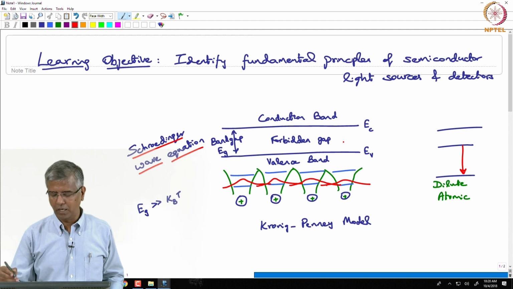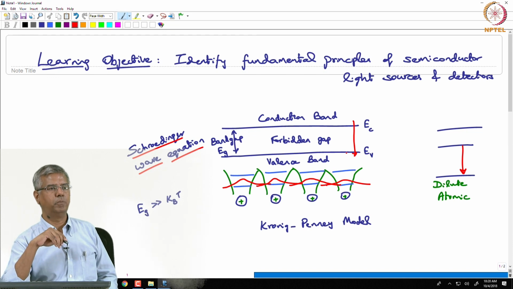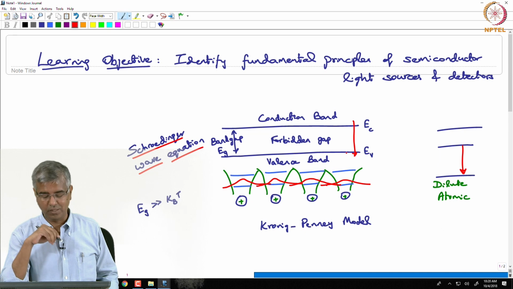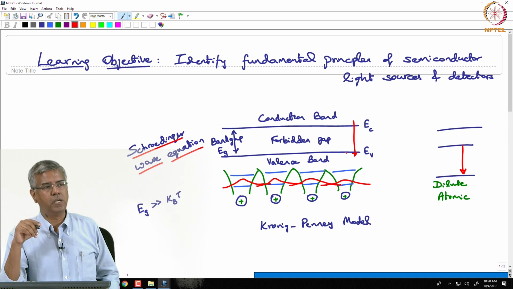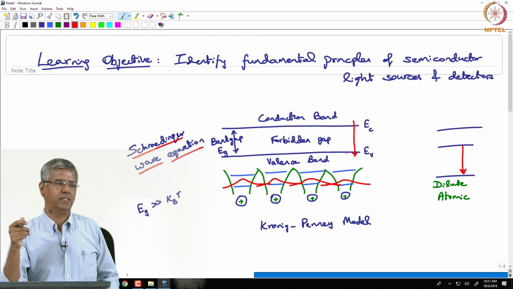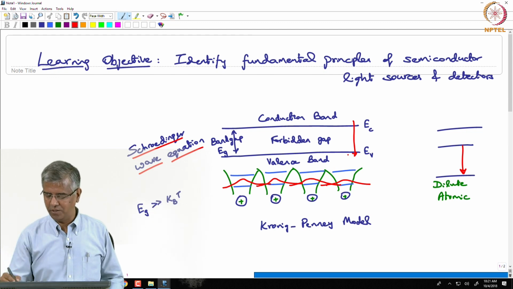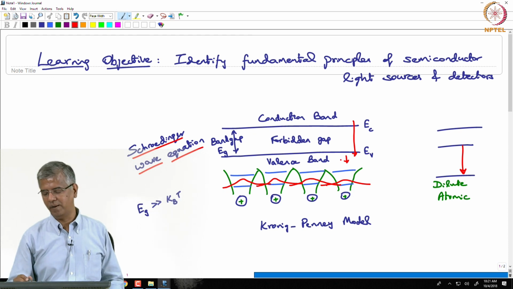Now, when we are talking about semiconductors, we are going to start talking about transitions between the conduction band and valence band. Having said that, I will also say that there is research going on in intra-band transitions as well. People are starting to ask, within a semiconductor, can you have a transition from one part of the valence band to another part of the valence band?